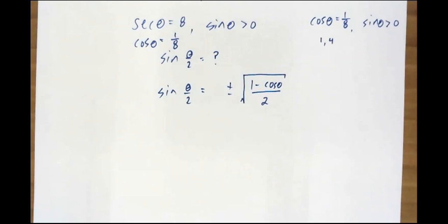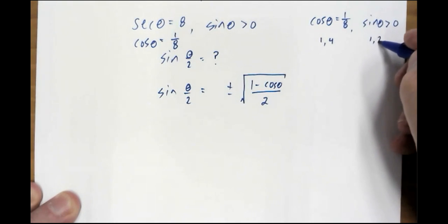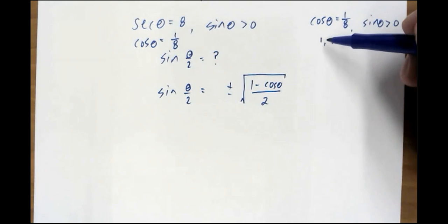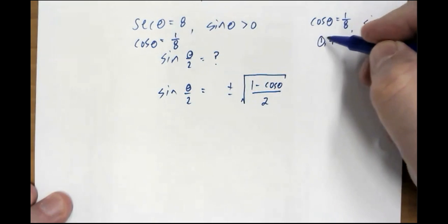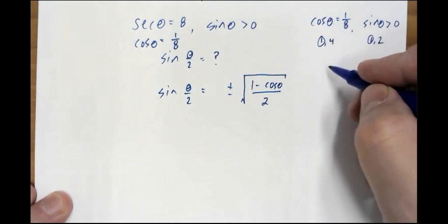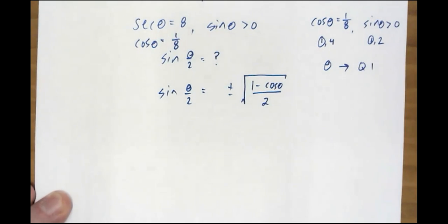When the sine is positive, that's quadrants 1 or 2. So which quadrant do we have in common? Quadrant 1. So I know that theta is in quadrant 1.